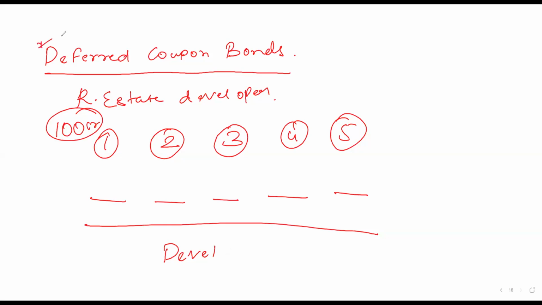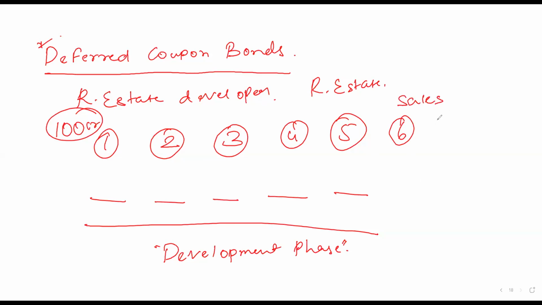Coming back to deferred coupon bonds, let's say this is the development phase. These 5 years are the development phase for that real estate property. From the sixth year, the sale of the property will start, and it is expected to be completed in the 6th, 7th, and 8th year.